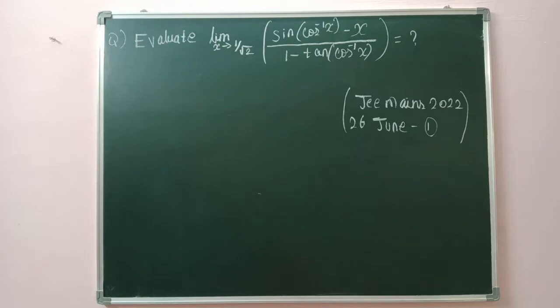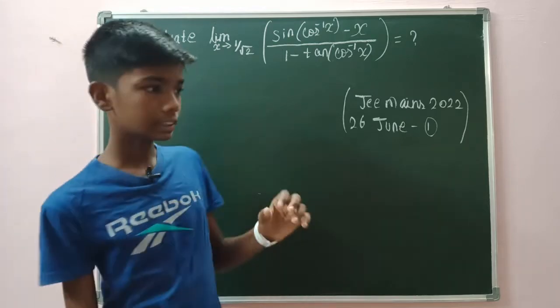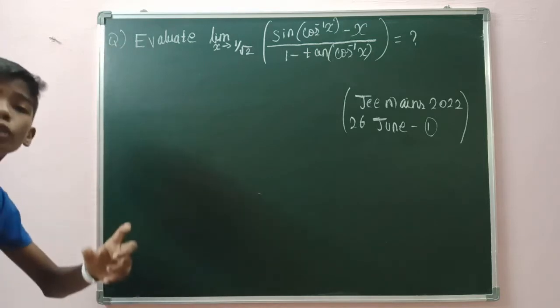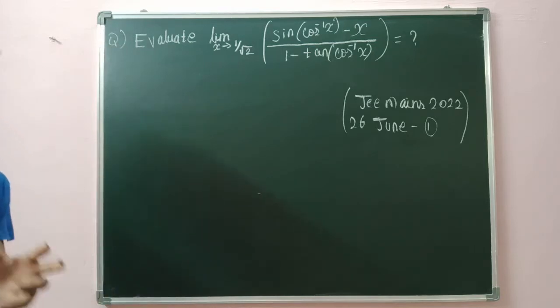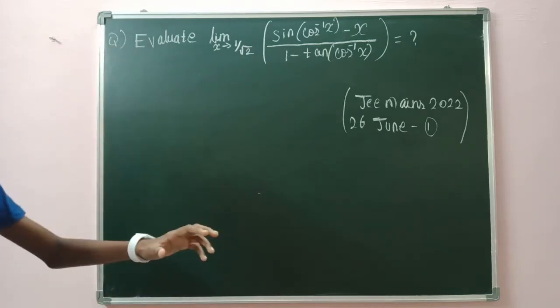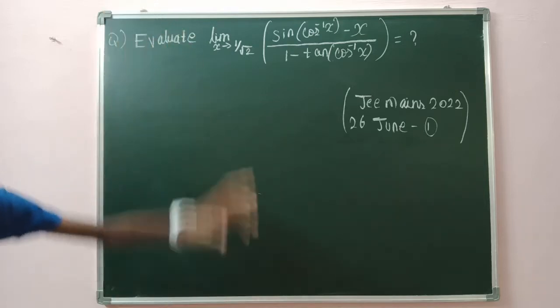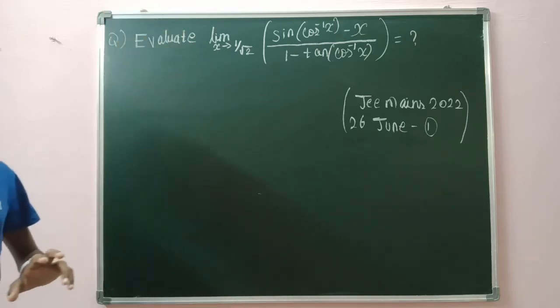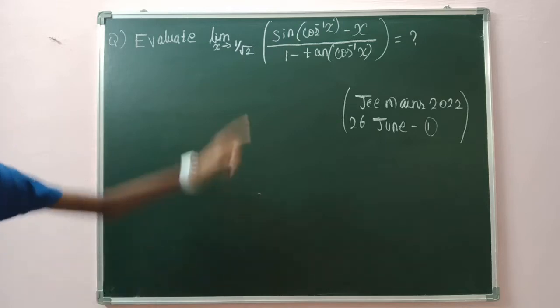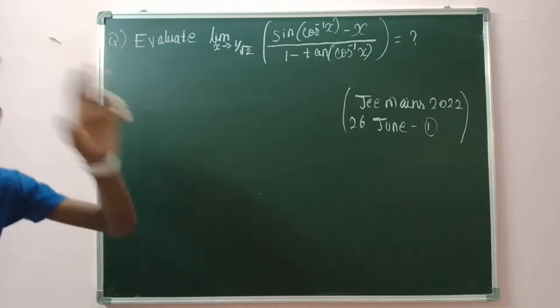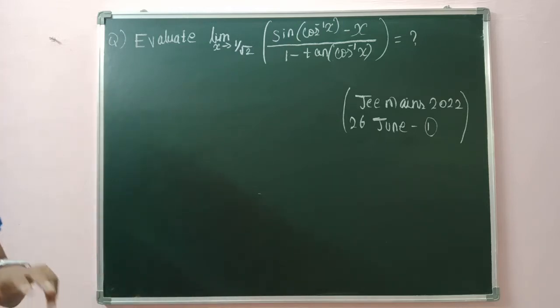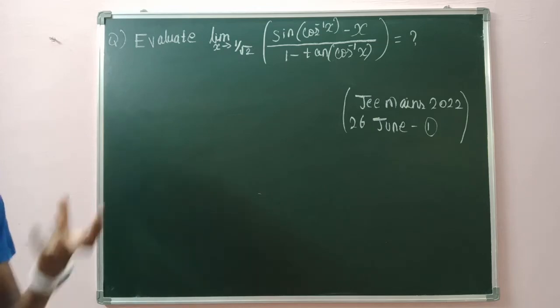Now, how you need to solve this question: your main motive should be to cancel out the trigonometric and inverse trigonometric functions, and that is when you can arrive at a variable.